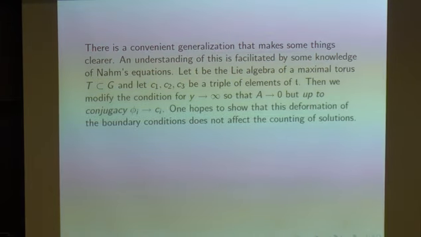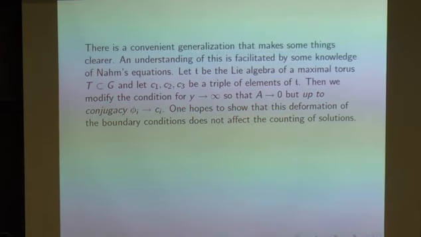One hopes to show that this deformation of the boundary condition does not affect the counting of solutions. You'd expect that on general grounds if the counting of solutions is well behaved. Continuously varying some of the parameters, hopefully, doesn't affect the counting of solutions of the elliptic equation. Because of the non-compactness here, you could worry that something will move off to or from infinity.